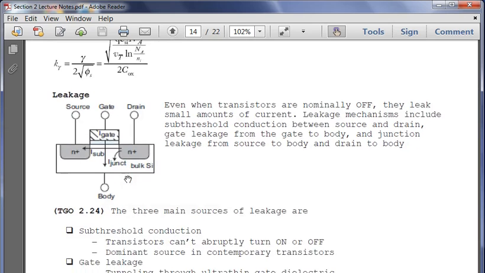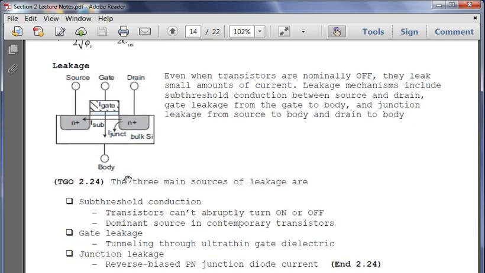Next, we're going to worry about leakage. So now we've been worrying about how things get pinched off. We're doing a lot with saturation and how we're getting collisions to take place. And we're learning about this body effect and how that affects creating a depletion region around the drain and body. So now we're going to talk about what happens when transistors are off.